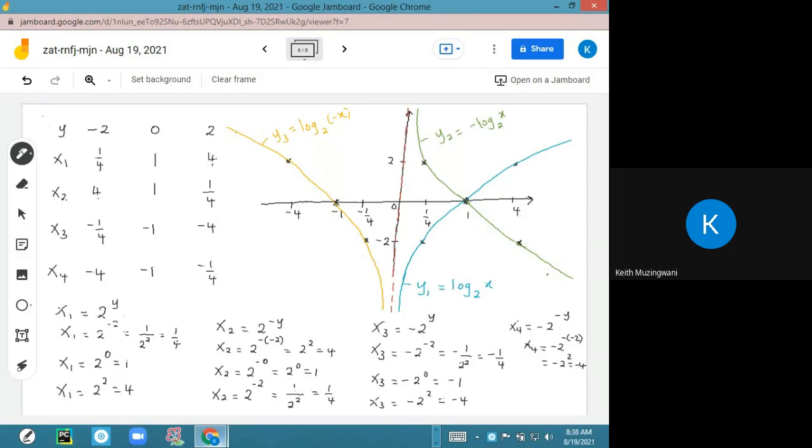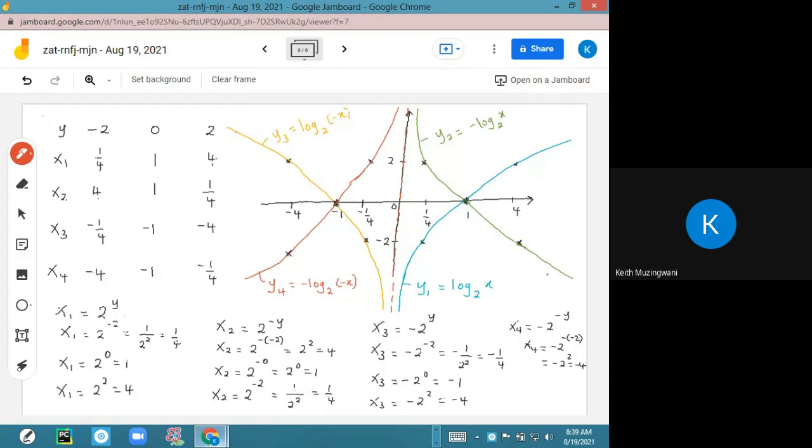So we'll have -2, -4 here, and then -1, and then 2. So we sketch. This is going to have this curve, still keeping the same asymptote. So this is y4 is equal to -log 2 -x.